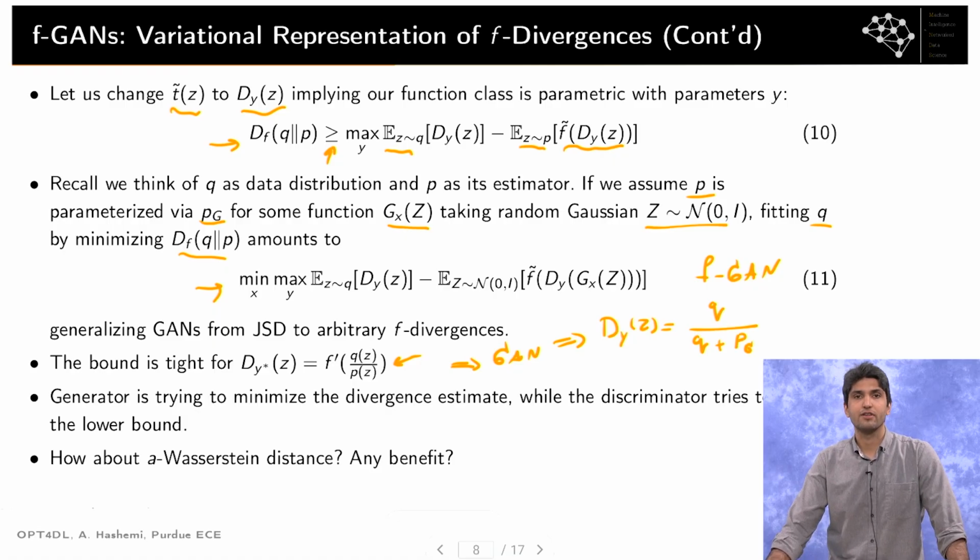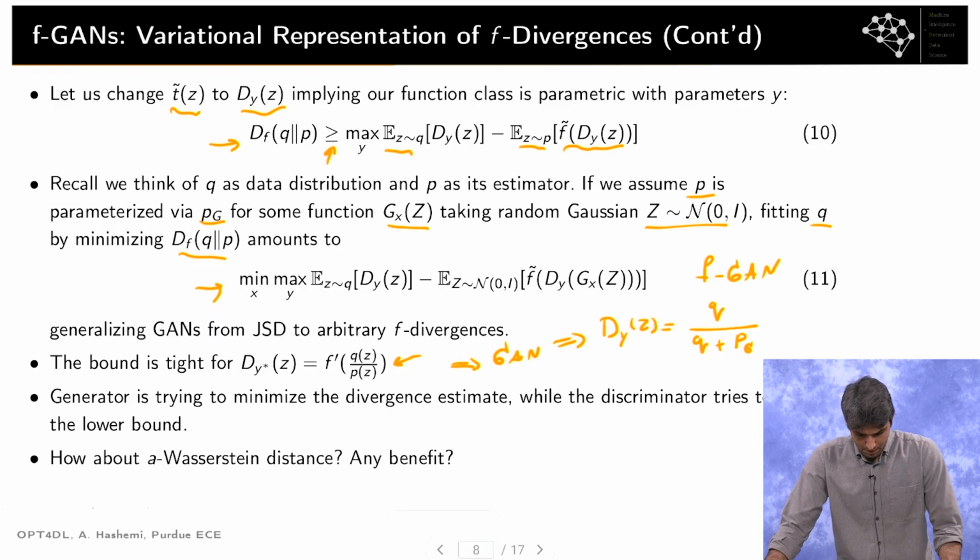Okay, so this is precisely what we saw earlier as the best strategy for GAN when we are using the Jensen-Shannon divergence as our metric to fit the underlying distribution.